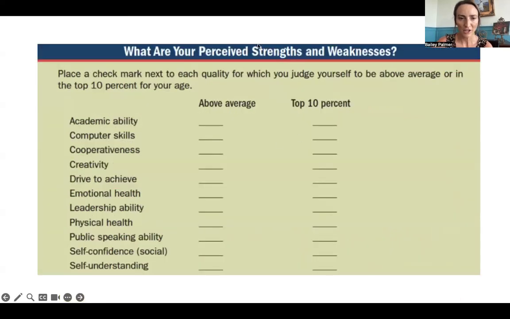This next one, you can pause and figure out where you fall with these different areas, above average or top 10%. Do you have any weaknesses in these areas, such as computer skills, public speaking, or leadership ability? So you can read through those and rank where you think you fall, just to get another self-assessment.